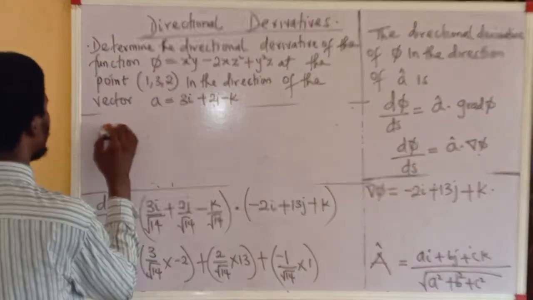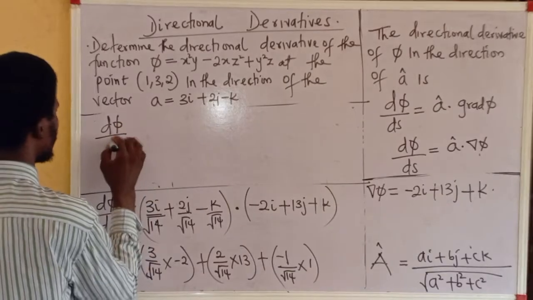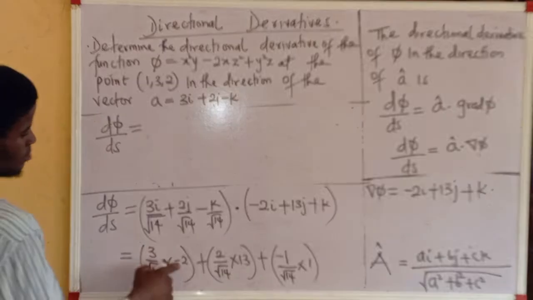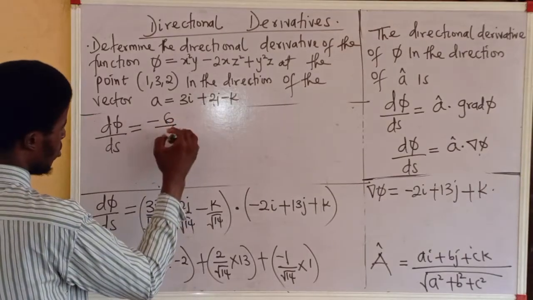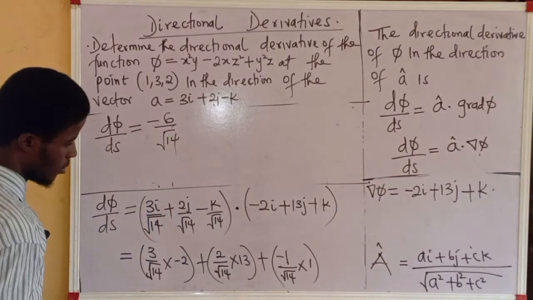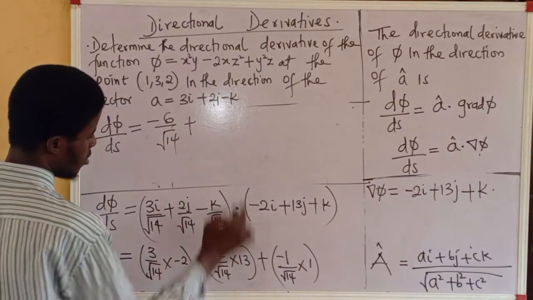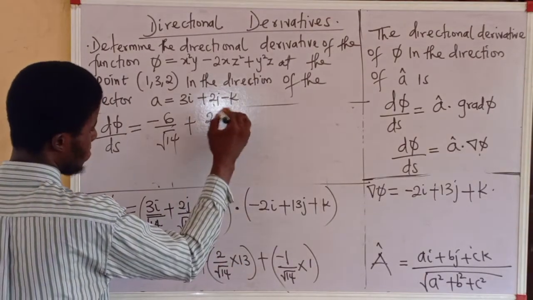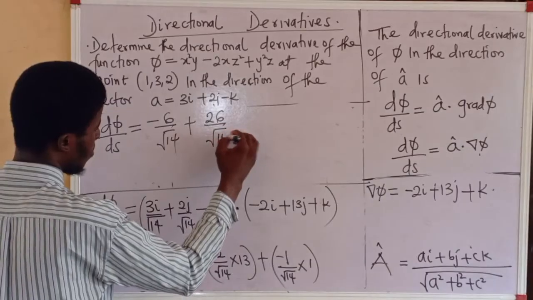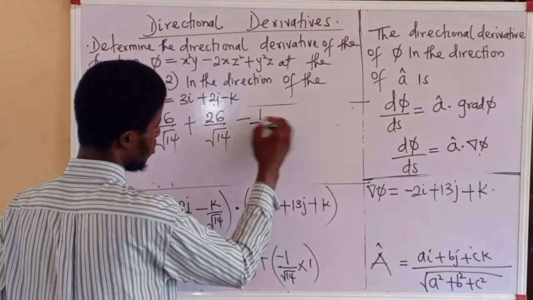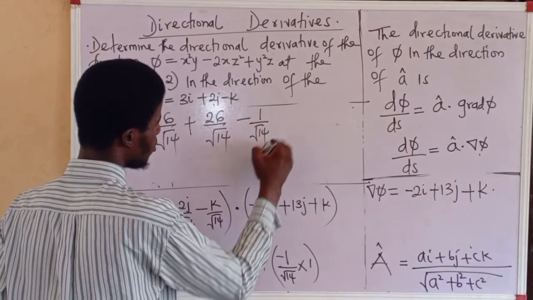The directional derivative in the direction of the unit vector is equal to this. This is minus 6 upon root 14, plus 2 times 13 is 26 upon root 14, minus 1 upon root 14.